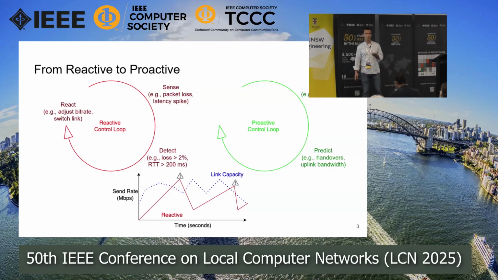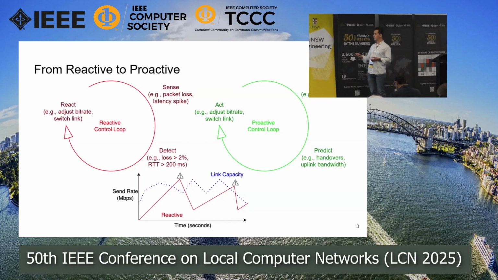For example, this could be predicting the upcoming network handovers, or it could be predicting the upcoming bandwidth. And then we are going to do some acting, which is, again, similar to before, adjusting the bit rate and maybe switching the link, but we will do this in time, proactively.